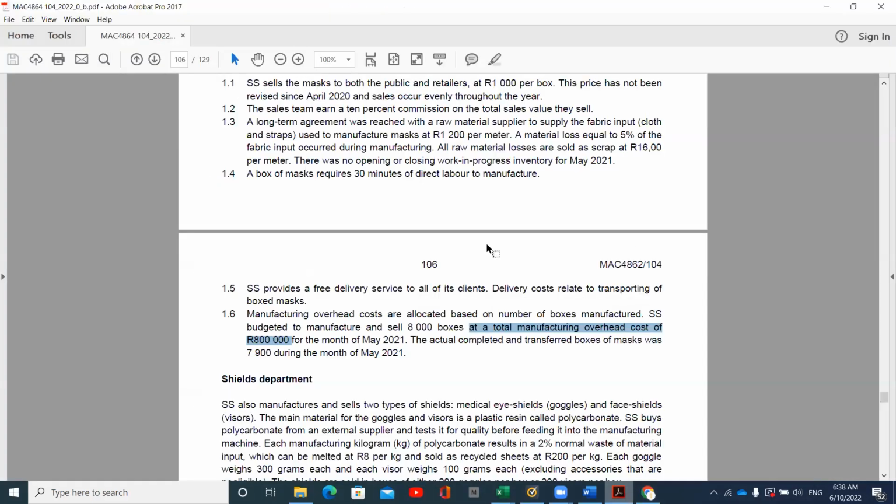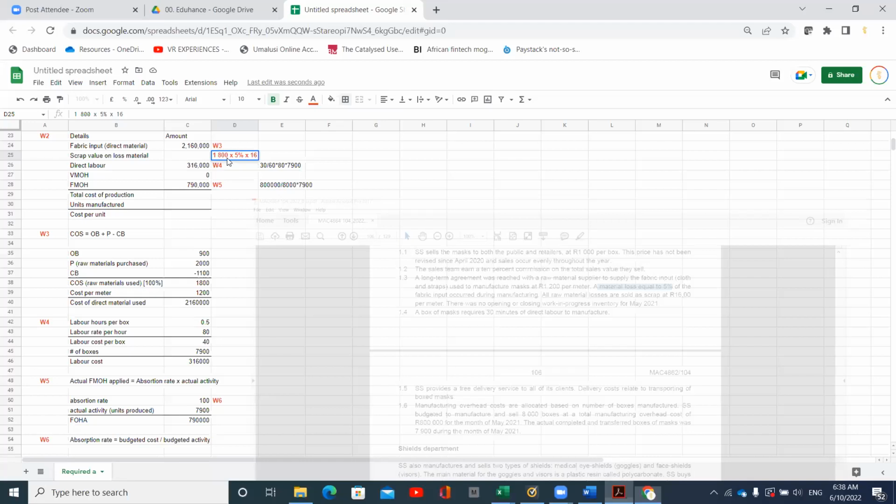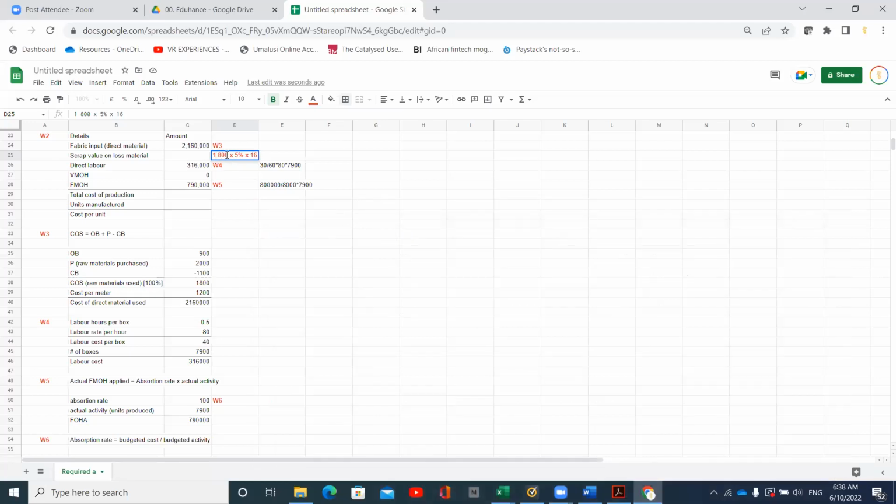If we go to 1.3, here they're telling us all raw material losses are sold as scrap at 16 Rand per meter. The material loss equal to 5% of the fabric input occurred during manufacturing. So fabric input was 1,800. Of that, 5% is loss, and then we sell it for 16 Rand. So we're making money, so it reduces the cost of production.